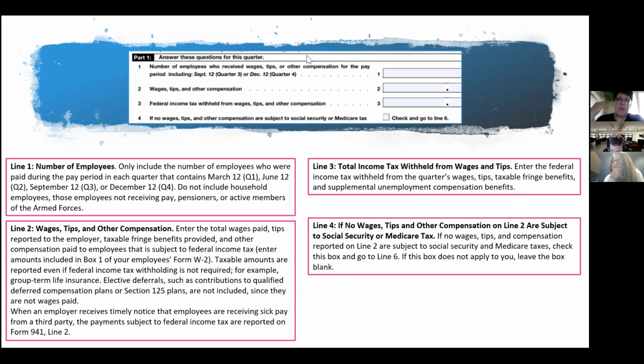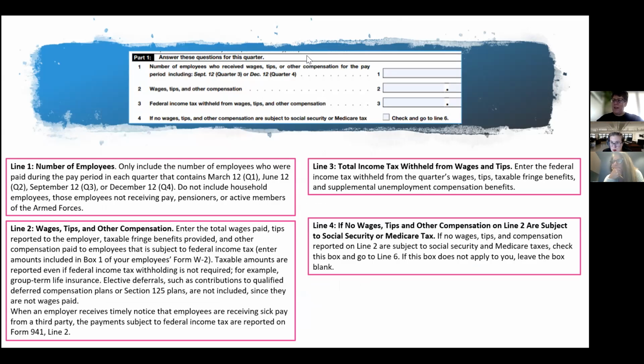You need to know the number of employees who received wages, tips, or other compensation from your specific periods of pay. Say this is for the 3rd and 4th quarters.